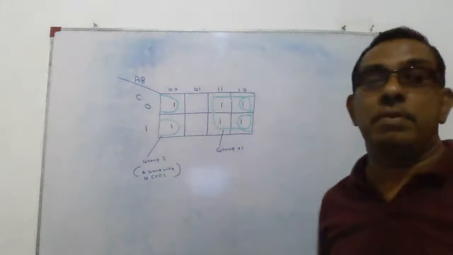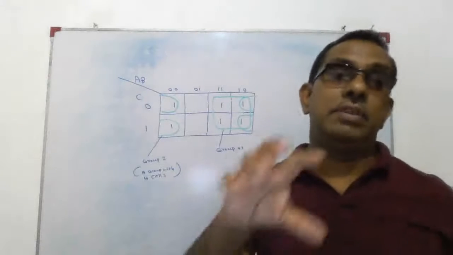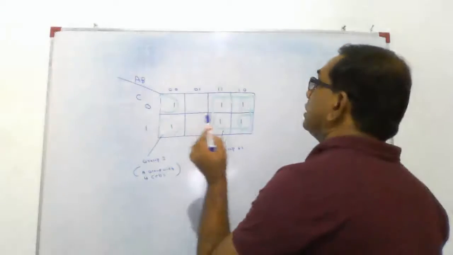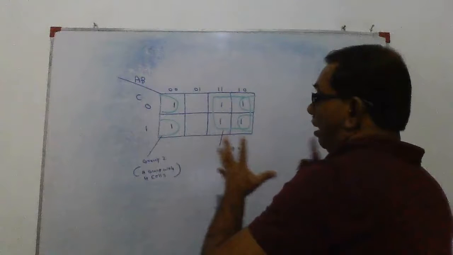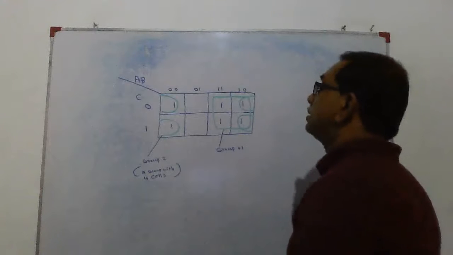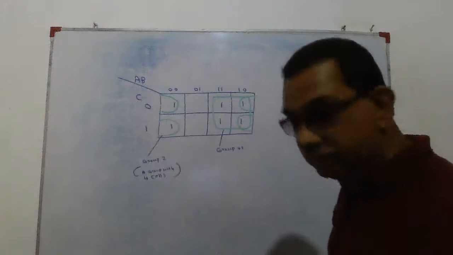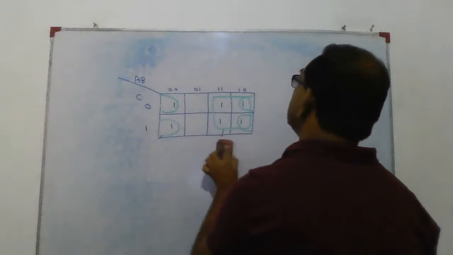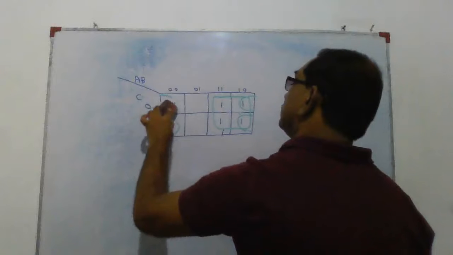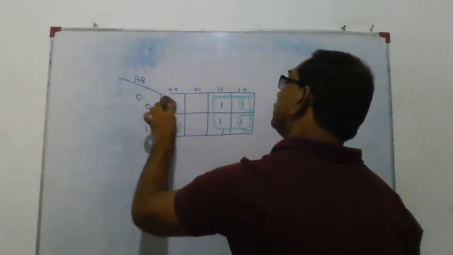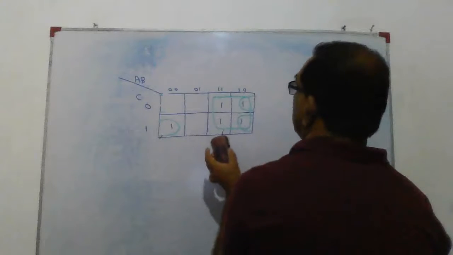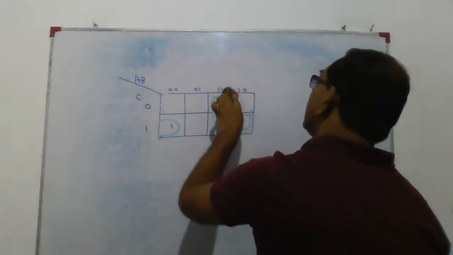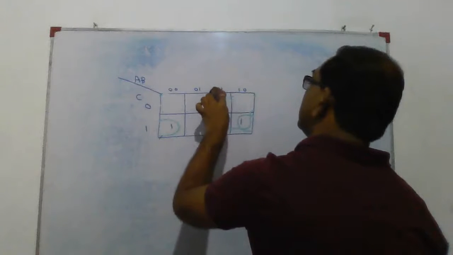It's one example when you are thinking about a 3 variable K-map. Suppose I change the values like this, a situation like this.